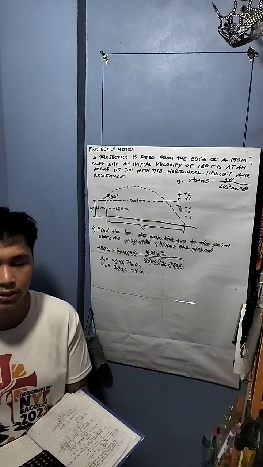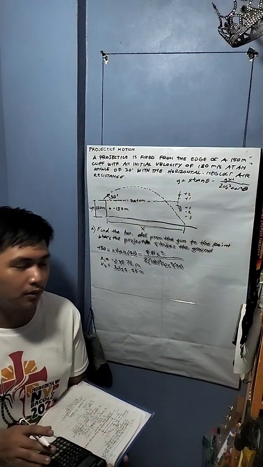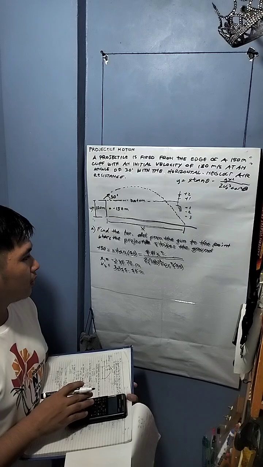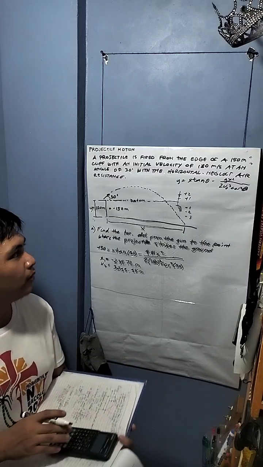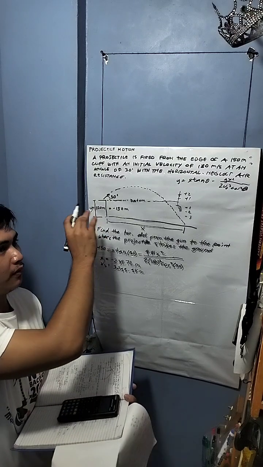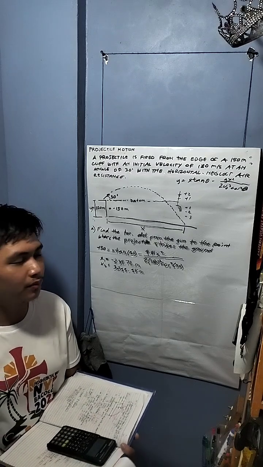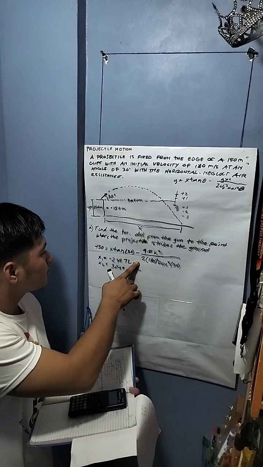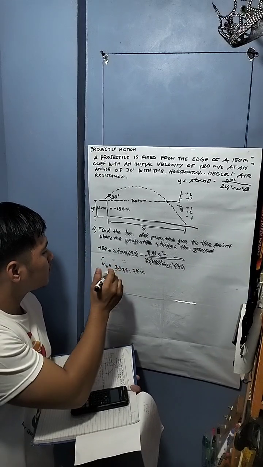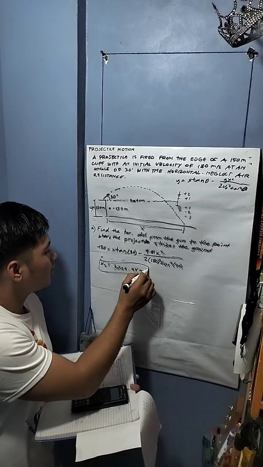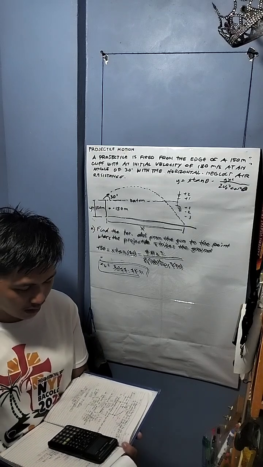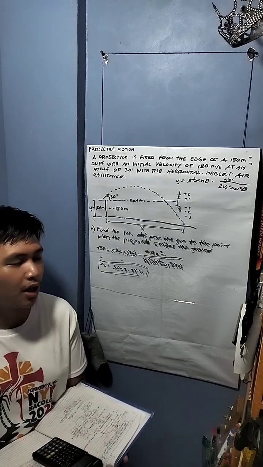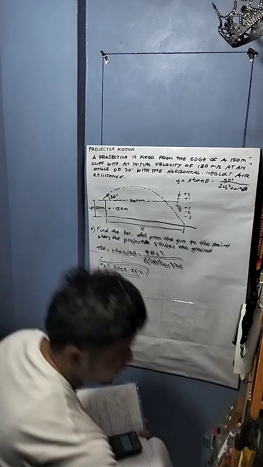So there is no such thing as a distance with a negative value, except if it is below the datum. So we should take the positive value. So our answer is 3099.98.